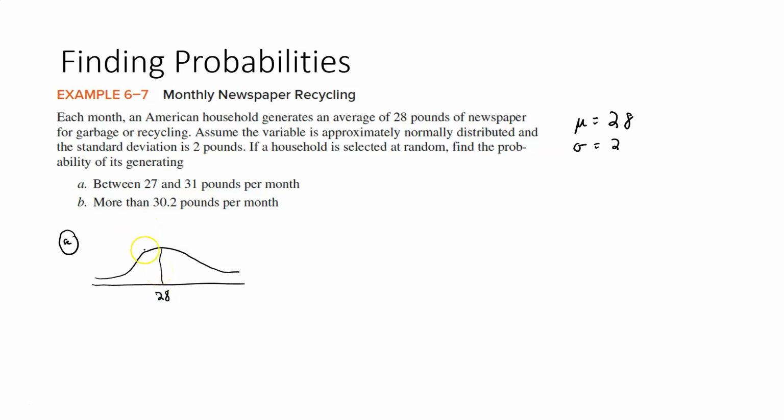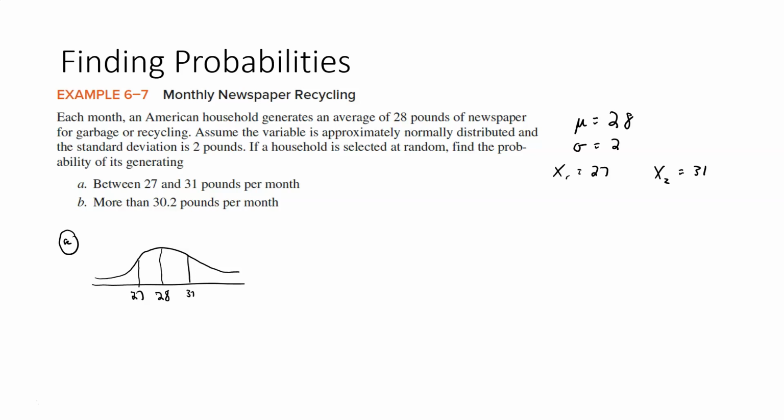I want to be between 27 and 31. It doesn't have to be drawn to scale. Here, 27 is just as close to 28 as 31 is. It doesn't make any difference. Z-scores here. X1 is 27, and X2 is 31. This time I've got two different X values. It's a between type problem.